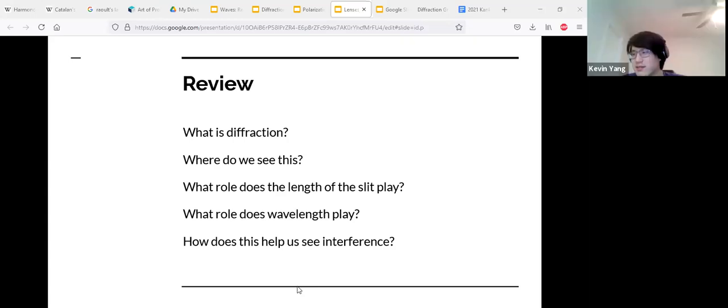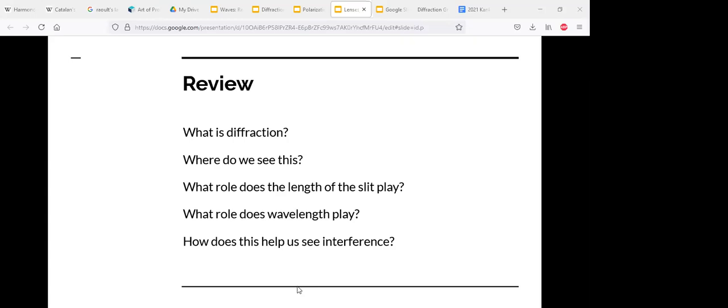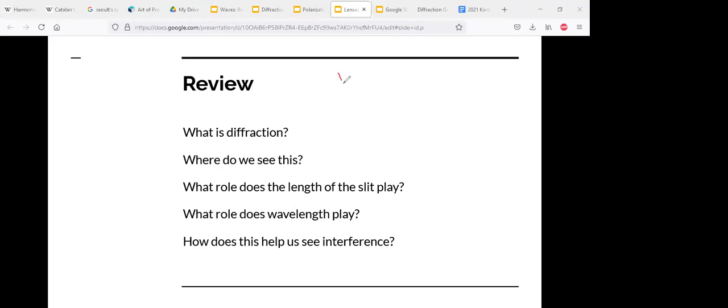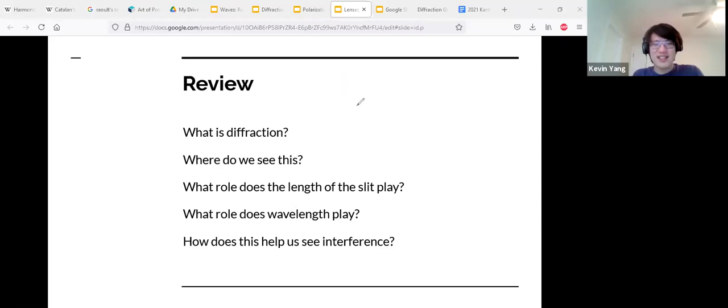What? Could you repeat that? The splitty thingy. Like where it splits. That's part of diffraction. It can split each of the different colors of light, right? But what exactly is diffraction, right?